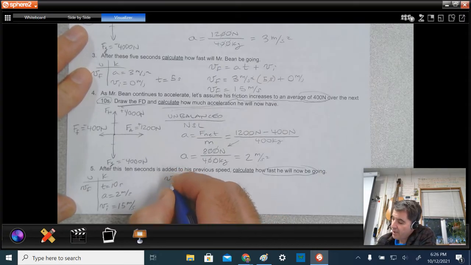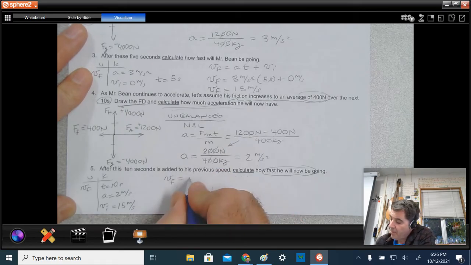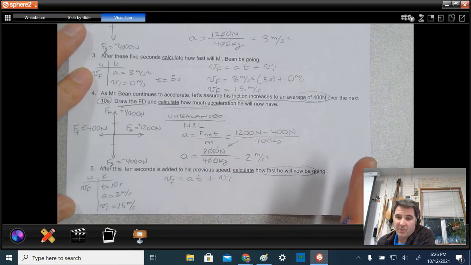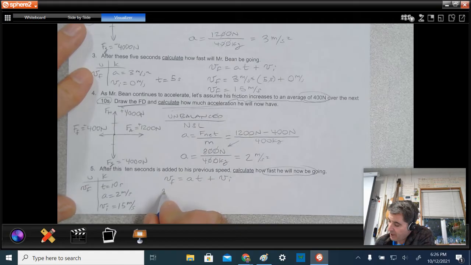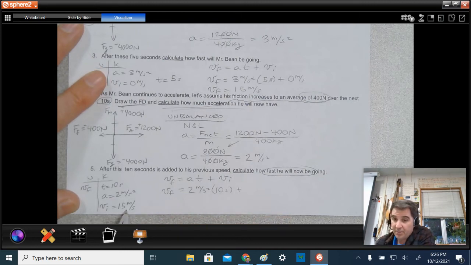So same equation as before, because this solves the question, how fast will I be going? Vf equals at plus Vi. I'm trying to write really neatly. This is what we do in physics. Vf is what I want to know, so I just copy down my unknown. A is now 2 meters per second squared, times my time, which is 10 seconds, plus my initial velocity, which sometimes is 0 but is not 0 in this case.